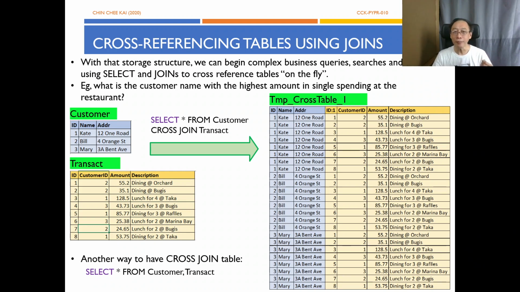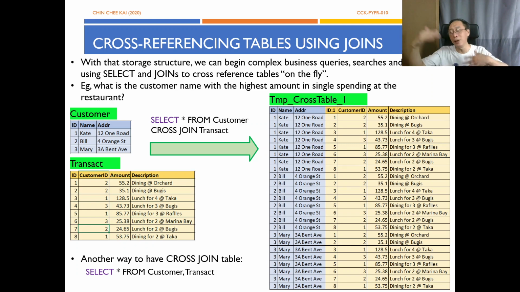There are two kinds of join: cross join or outer join versus inner join. Okay, so cross join basically is like a union of the two tables together, providing all combinations of rows with each other row.